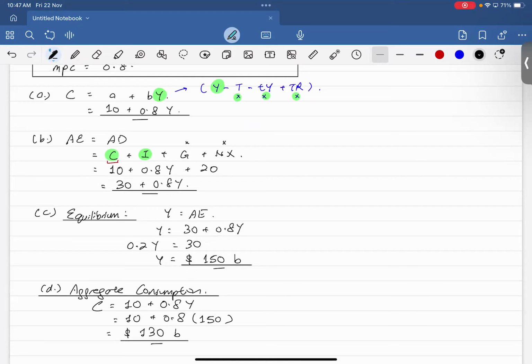If you write the figures, that's fine as well. Just now you asked about this one, because you move y minus 0.8y and it becomes 0.2y.